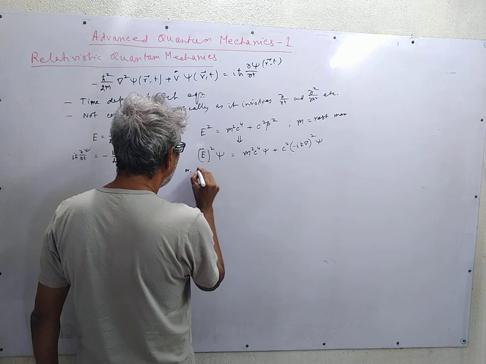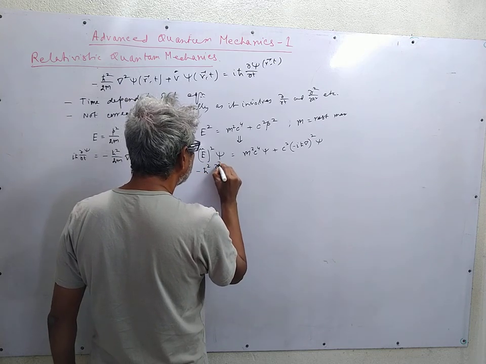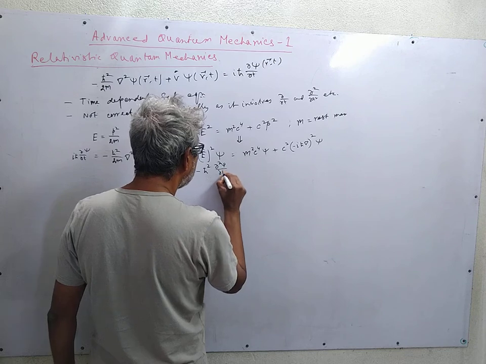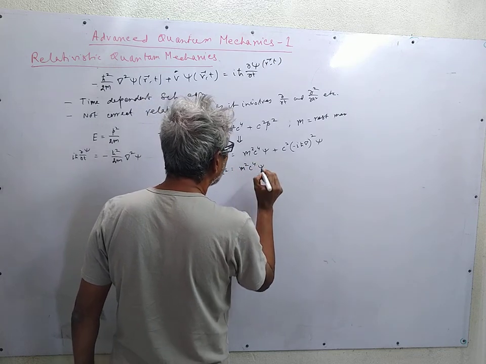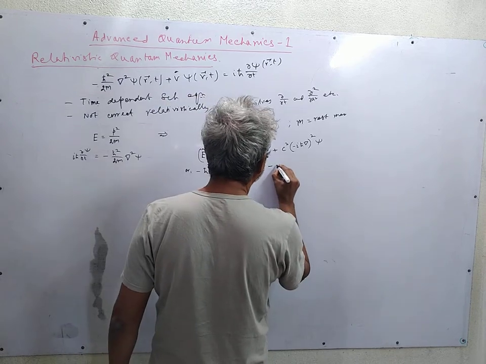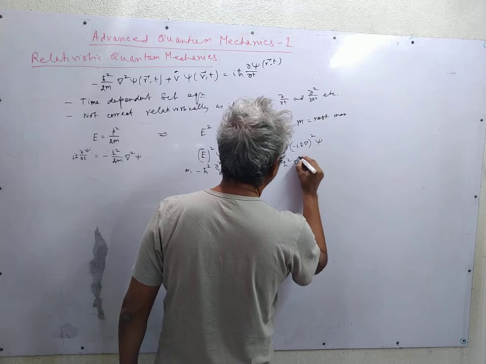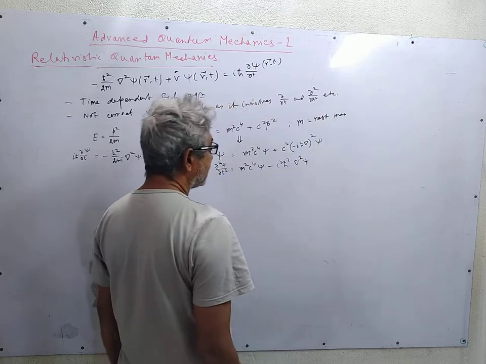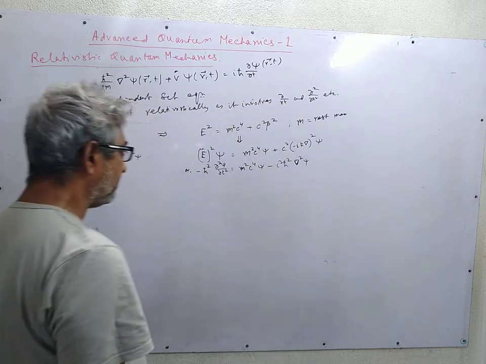Or, minus h cross square del 2 psi del t2 equals m square c to the power 4 psi minus c square h cross square nabla square psi. This is the new relativistic equation for microparticles.